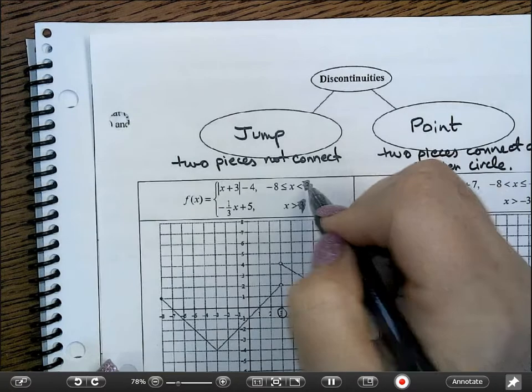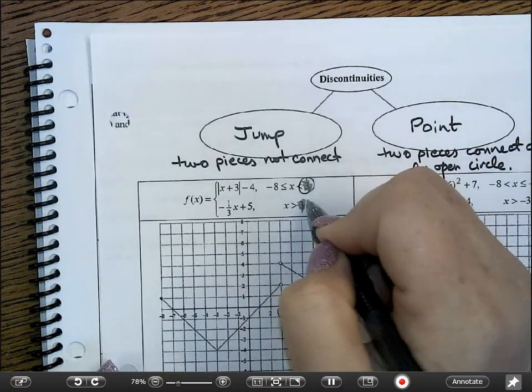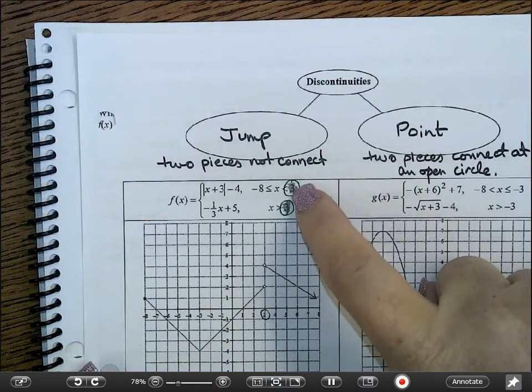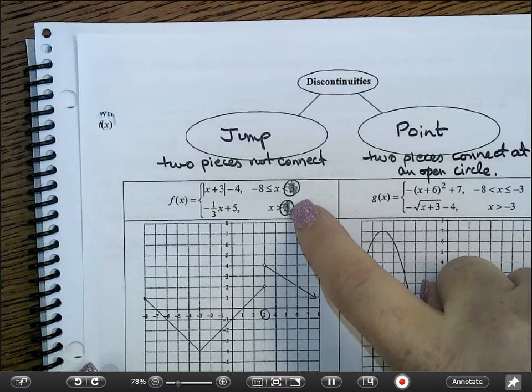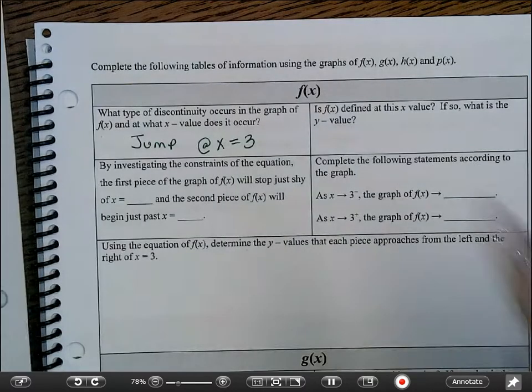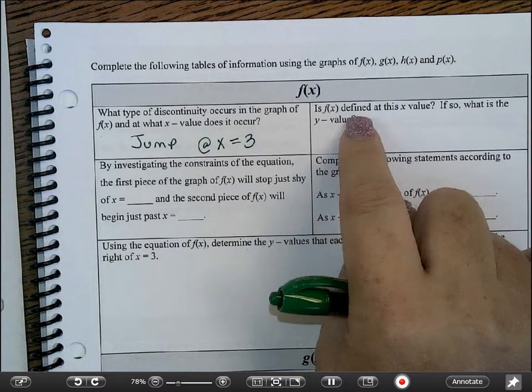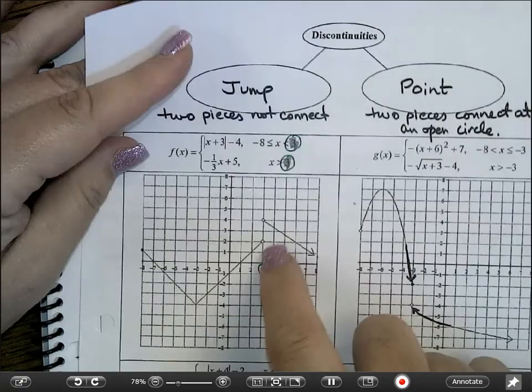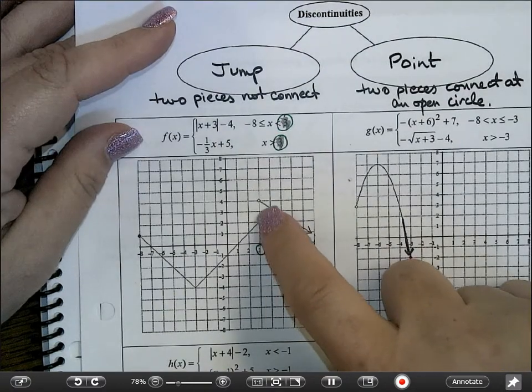And I want you to pay attention to the 3 and the 3. Notice that one ends when x is 3 and the other one begins when x is 3. Is f of x defined at this value? According to this, if I look, there is no defined y value.